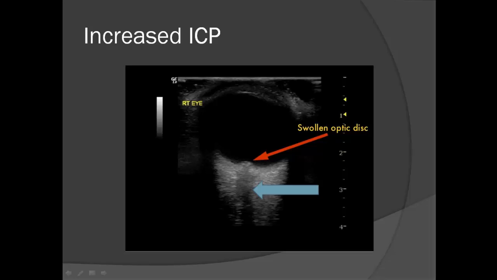Again, over 5 millimeters would indicate there may be some increased intracranial pressure, as well as a swollen optic disc that you can appreciate here on this picture. It's a bump seen on the posterior segment of the eye, and that can also indicate increased intracranial pressure.